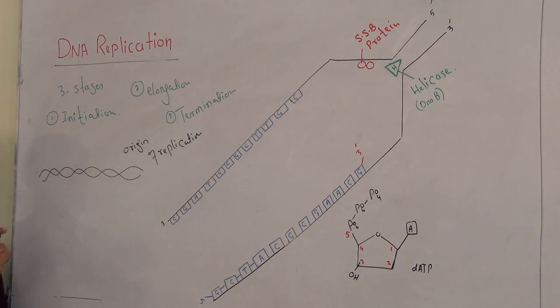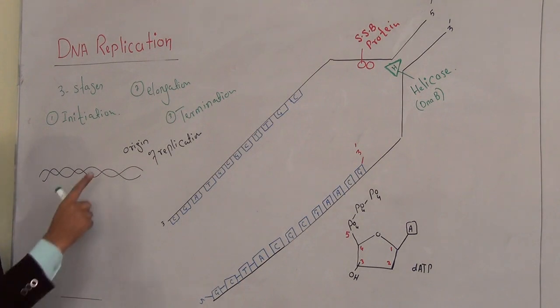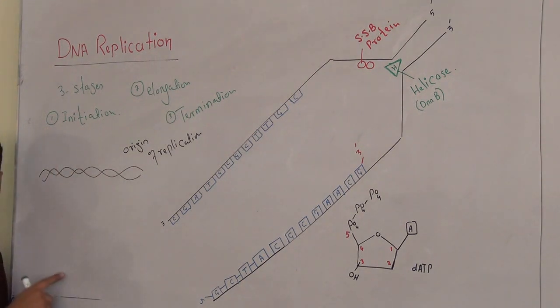If you want the process to start, first of all you must find the origin, the place where the replication starts. It is not possible to start replication from anywhere in the DNA. There are specific places on the DNA called the origin of replication.